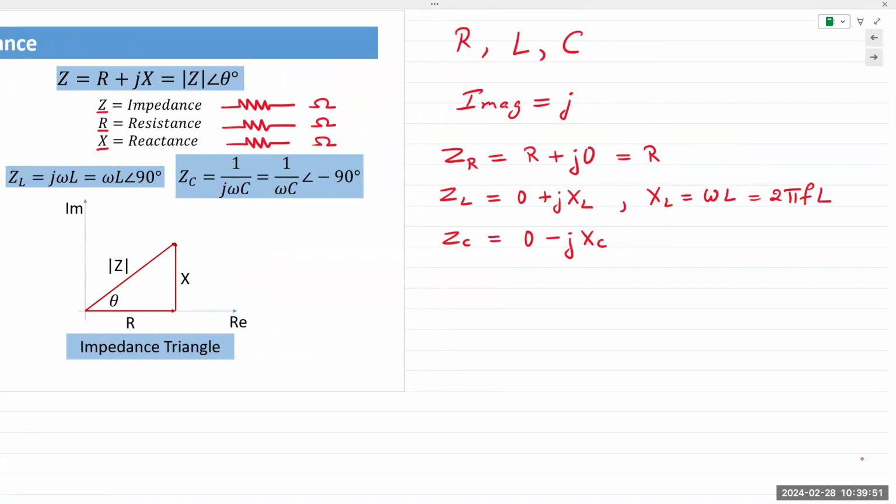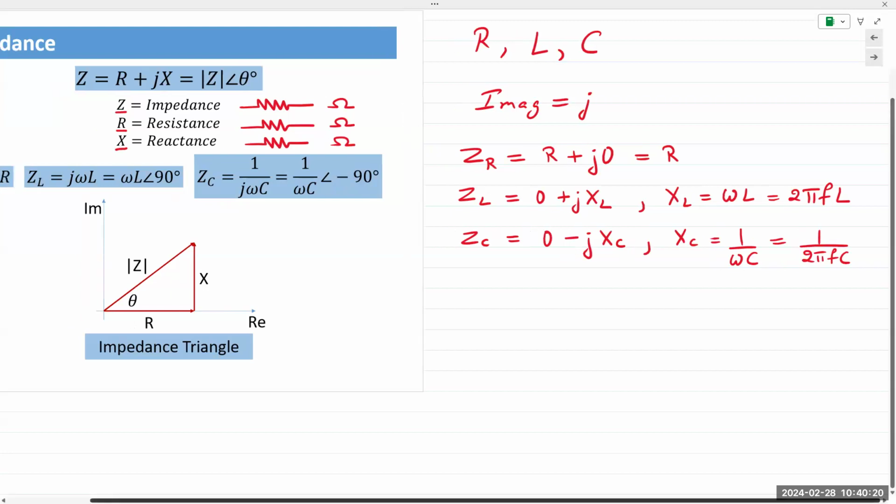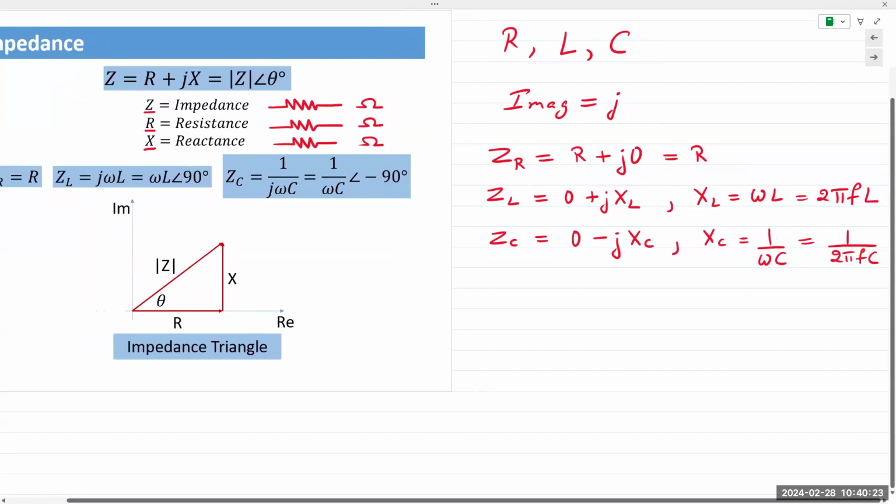And the equation that relates it to frequency in hertz is omega equals 2 pi F. So XL is 2 pi FL, and XC is 1 over omega times C, which is 1 over 2 pi FC. Again, you can have all of these equations handy on your equation sheet, but you should be able to use them to solve for the voltages and currents. Okay. So ZL is J 2 pi FL, ZC is 1 over J 2 pi FC.